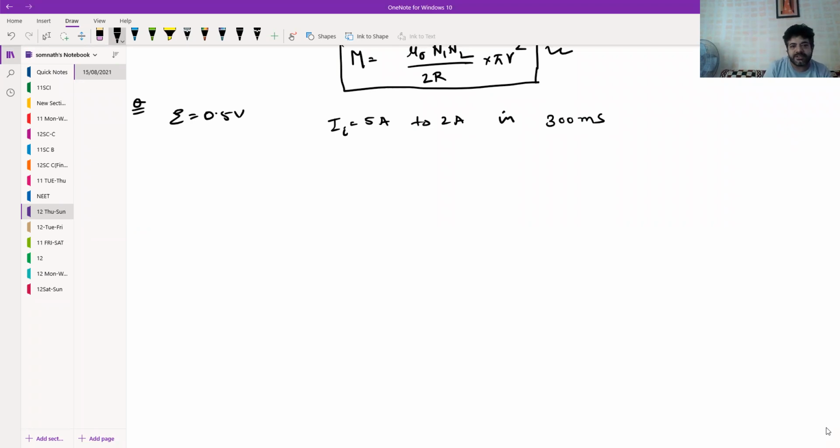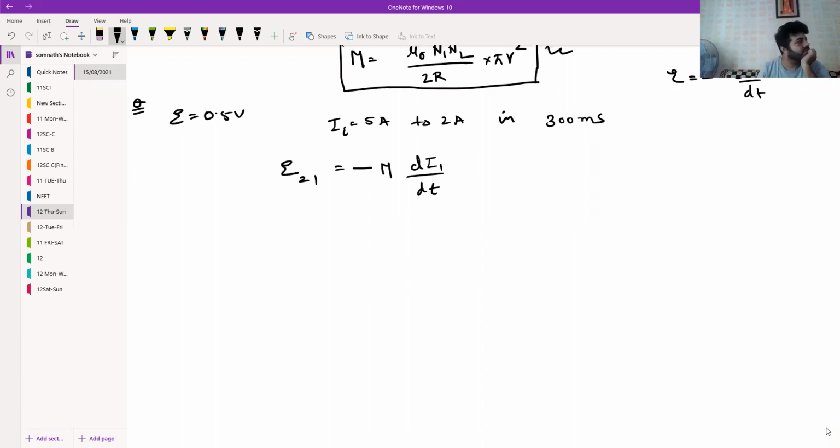As I already mentioned, the EMF on the secondary coil due to the primary coil is minus mutual induction times the change in current in the primary coil over time. Why? Because the formula for EMF is minus d phi by dt. Yes or no?